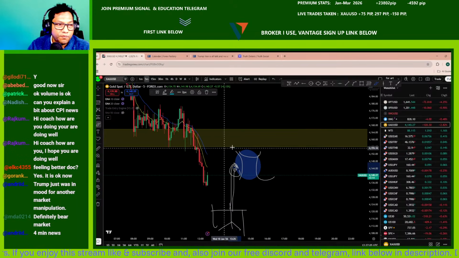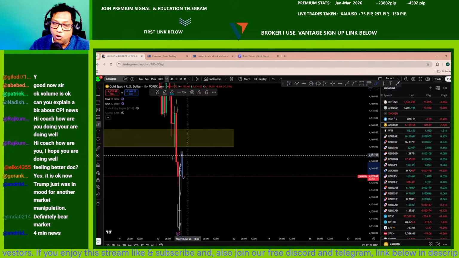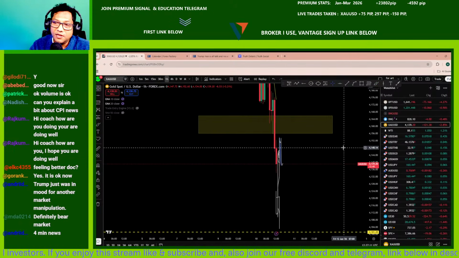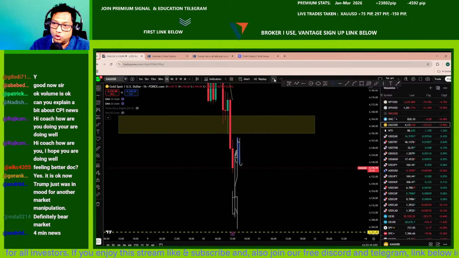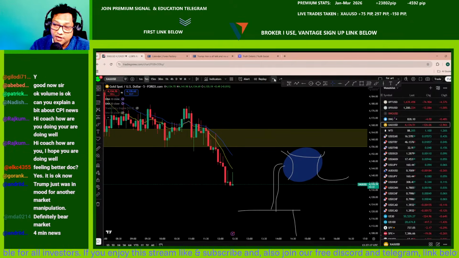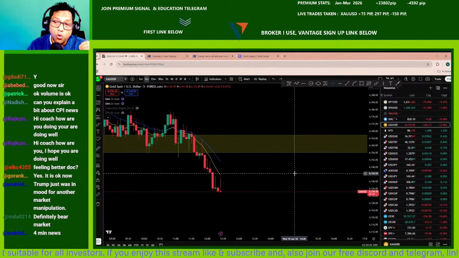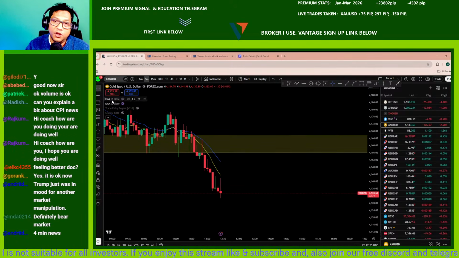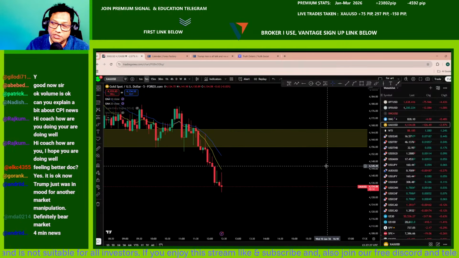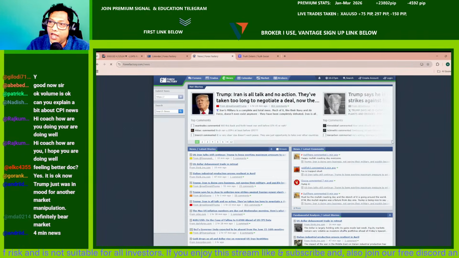Looking at the overall market movement, the price action shows that it's entirely bearish. Therefore, a pullback could be a good area for us to look for an entry opportunity in this market. All right, so let's look at what else we have here in this market.